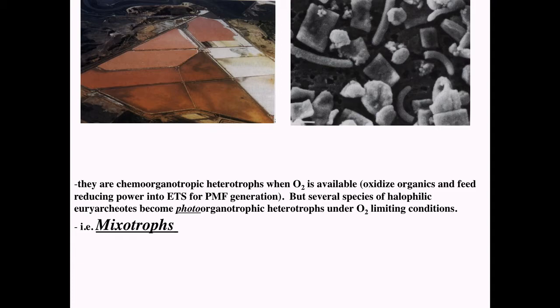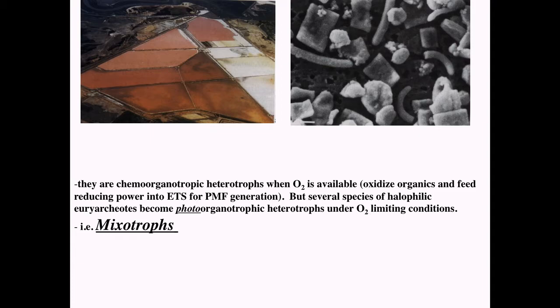So these organisms are chemoorganotrophic heterotrophs, just like you and I. They do that when oxygen is available, and their physiology is different than ours, but surprisingly not that much different. But when oxygen levels crash, and now respiration is not possible for them, they switch to photoorganotrophic heterotrophs. They switch to being able to use light. This is something that I don't think exists anywhere else in nature.